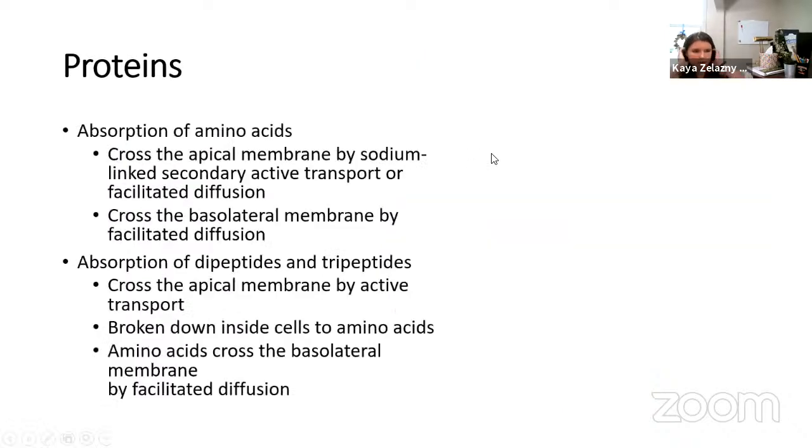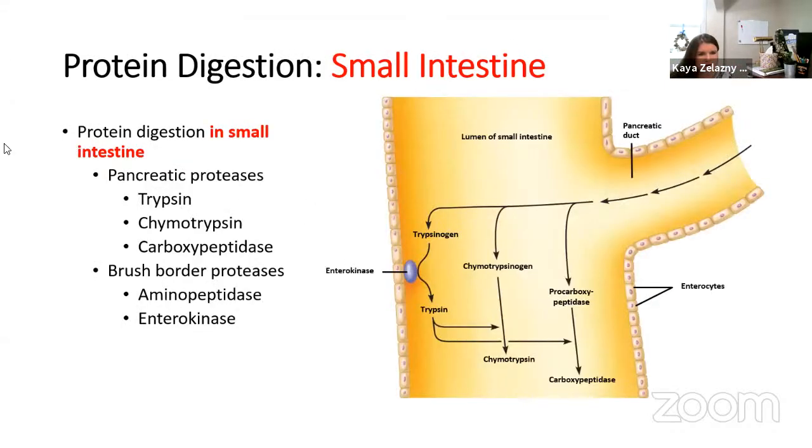Okay. So once we have broken down our proteins using our different proteases, so specifically, let's just think about these pancreatic proteases, trypsin, chymotrypsin, and carboxypeptidase, which are breaking the peptide bonds between our amino acids.